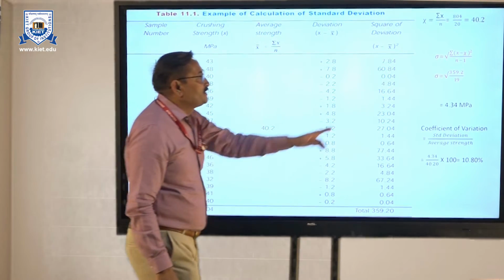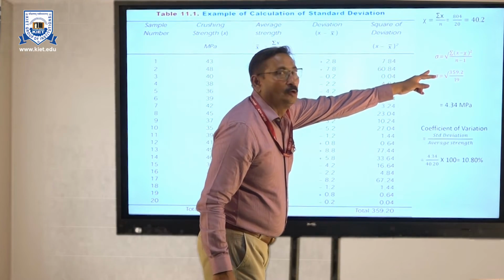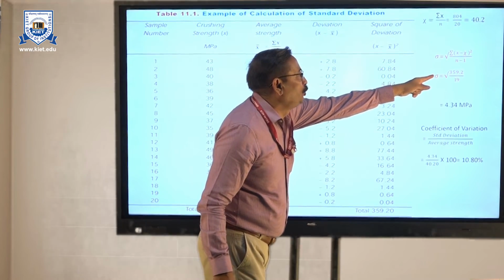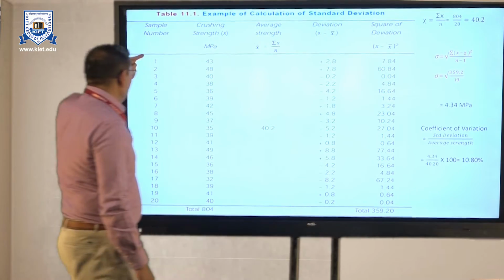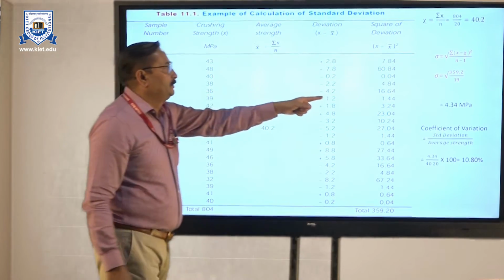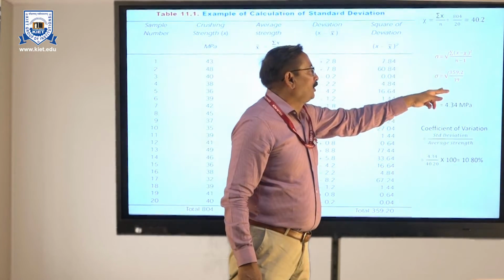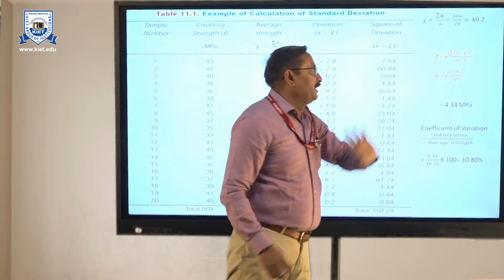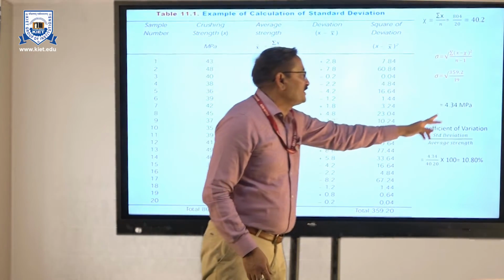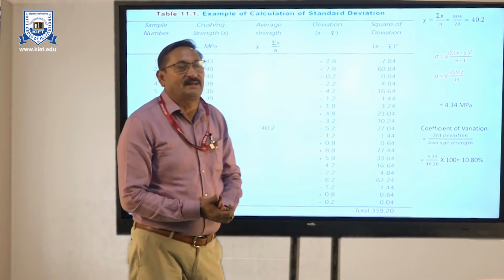It means that sigma is equal to square root of 359.2 divided by 20 minus 1. That is, sigma is equal to square root of 359.2 divided by 19. The value comes as 4.34 megapascal.